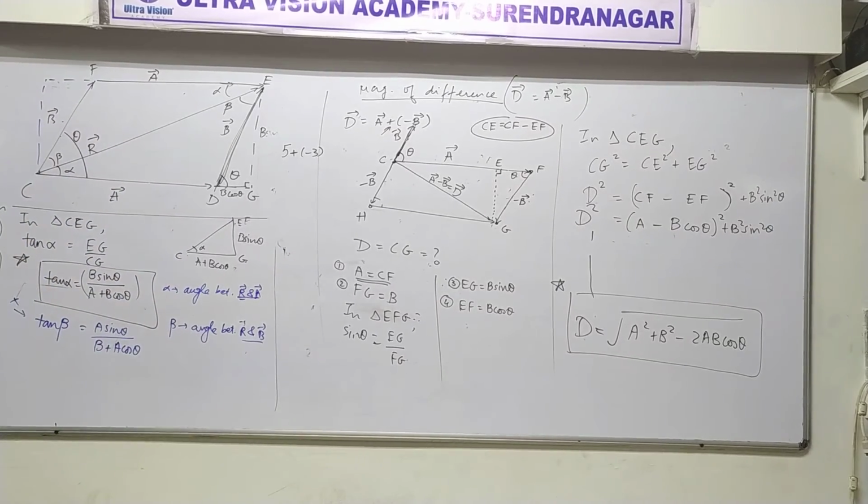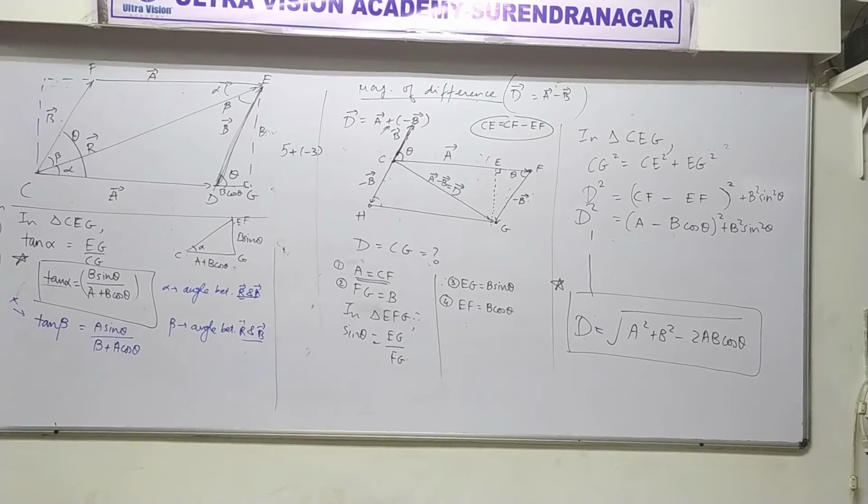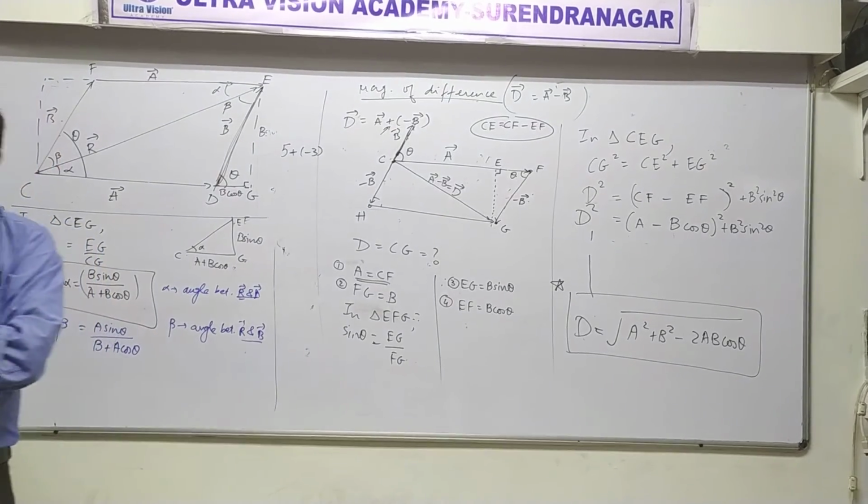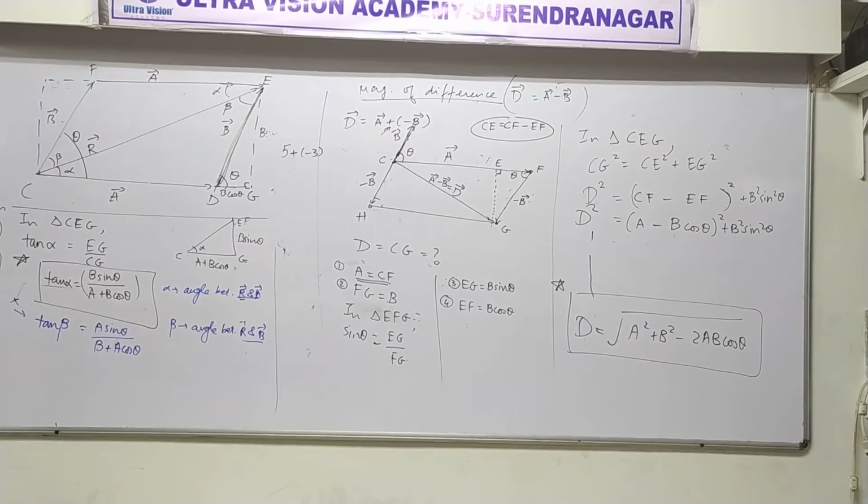Right? Yes. Write the steps in between. And I'm going to ask you both of these, or all the three formulas, tomorrow. Alright: the magnitude of resultant, the angle between resultant and R vector, and the magnitude of difference.